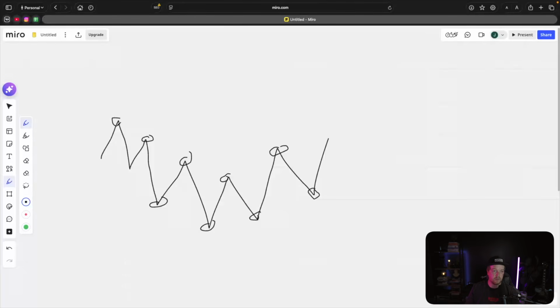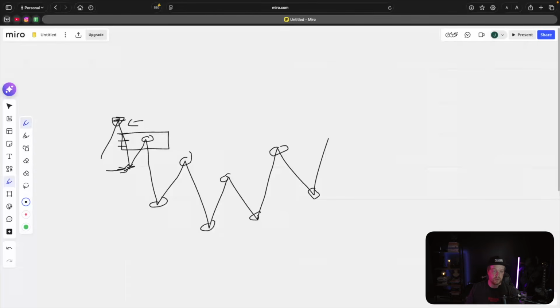And then as well, we're going to use this to draw our fib. So for example, let's say we want to identify this high and this low. You're going to draw your fib from this high to this low, and then you are going to identify the 50, 61, and 78 level, and we are going to mark that out.